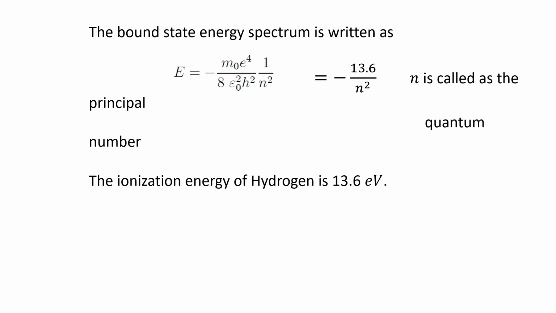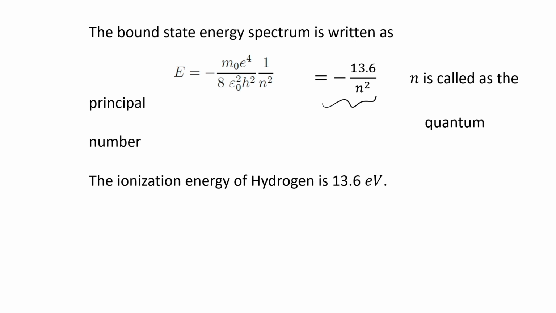And what about the bound state energy spectrum? The bound state energy spectrum is given by minus m0 e to the power 4, where e is the electronic charge, over 8 epsilon0 square h square, times 1 by n square, which is nothing but equal to minus 13.6 by n square, and n is called the principal quantum number.